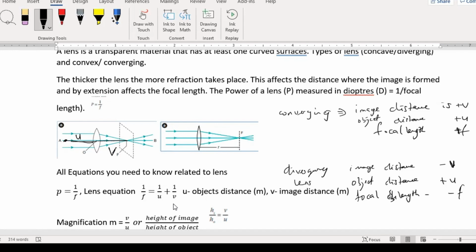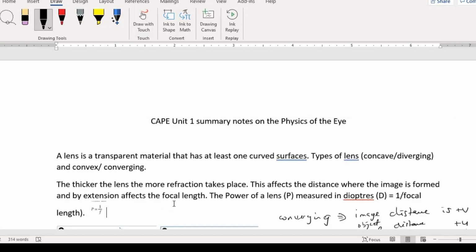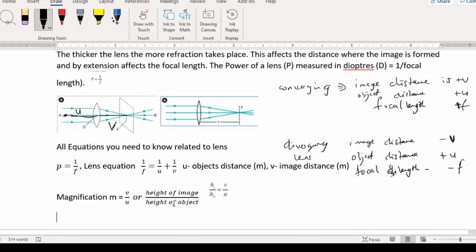So M, which speaks to magnification, doesn't have a unit. We can take our image distance, divide that by our object's distance, and that will give us the magnification. Another formula that we could use for magnification is the image height divided by the object's height.